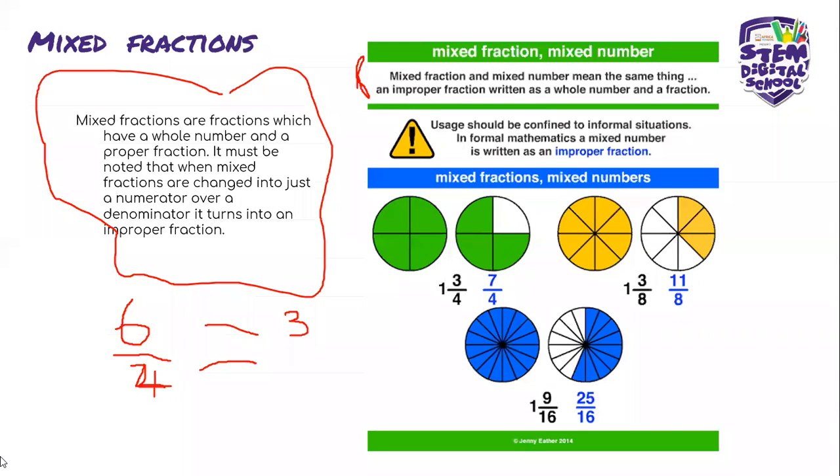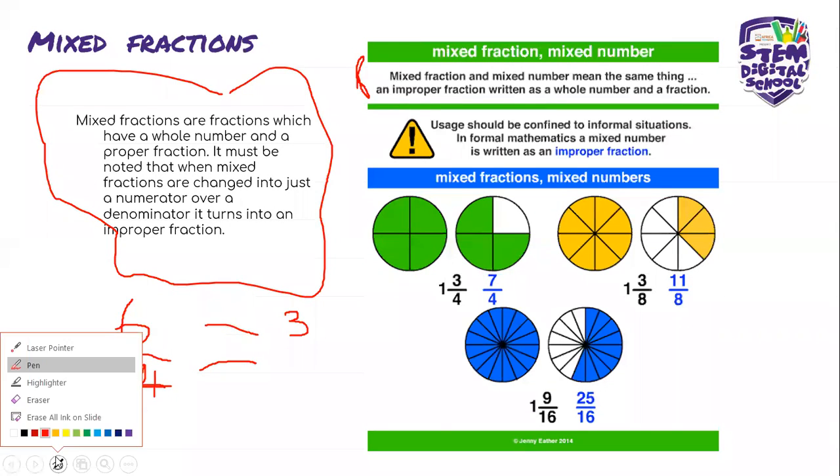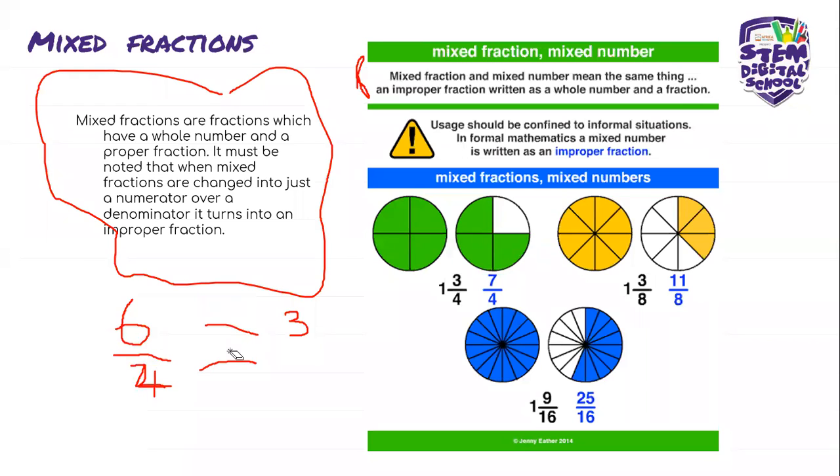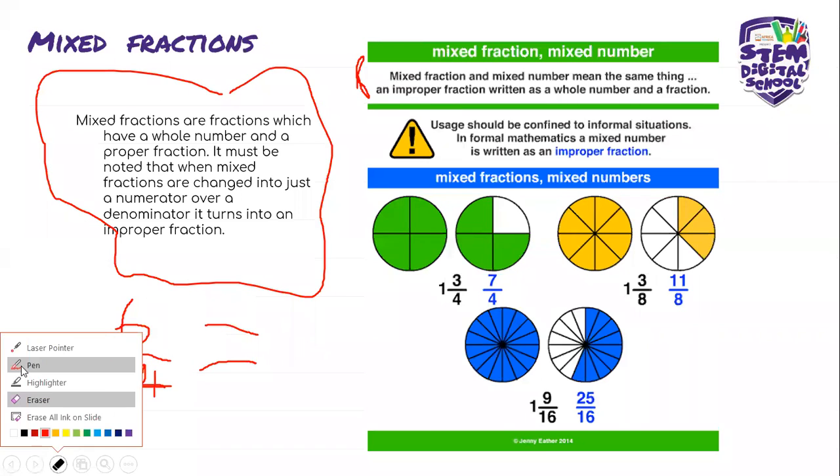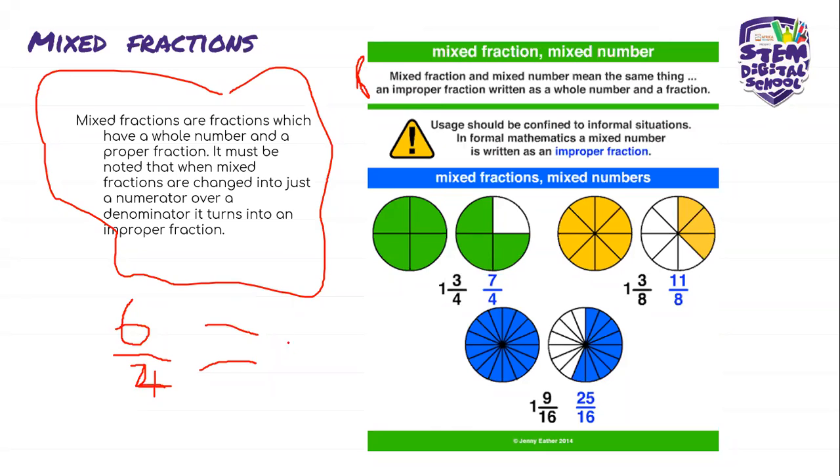So we ask ourselves this question: how many times does 4 go into 6? We place a 1. I change the fraction so that I can get the desired result. The denominator never changes, right?